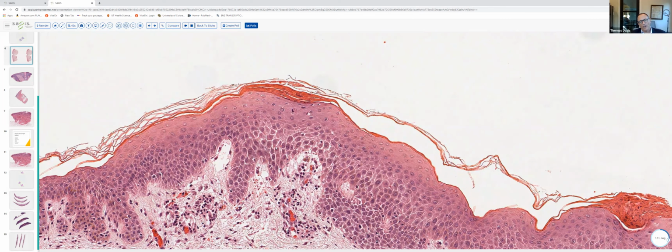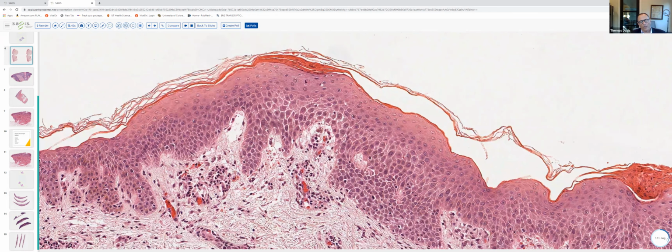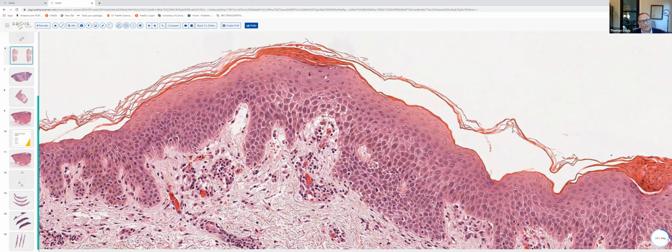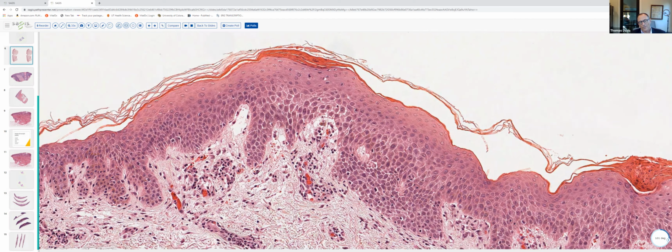There's stretching of these intercellular bridges. There is a rare lymphocyte extending into the widened intercellular spaces. And in this case, we have an infiltrate of lymphocytes and fairly numerous extravasated erythrocytes within an edematous papillary dermis.